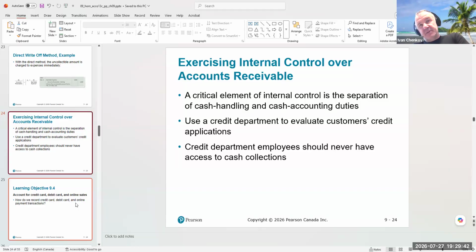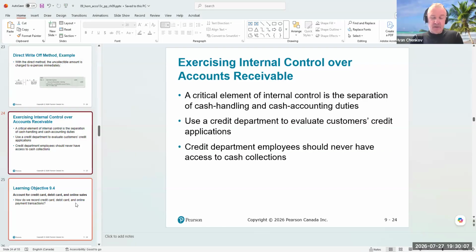Now you have to make a decision: are you going to accept it or not? Does the person look like a credible customer or not? It's going to be your discretion. If you feel that the customer is credible, then you can give him the goods on credit.